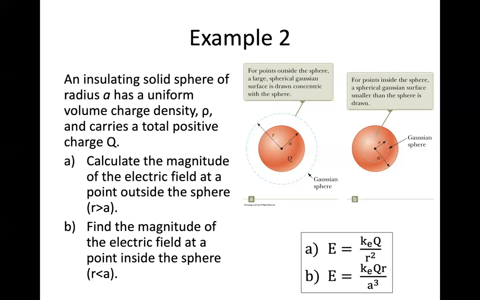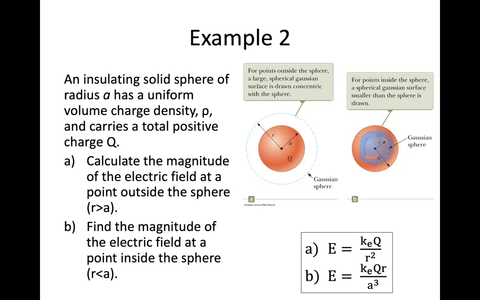So now we want to know, what is the magnitude of the electric field at a point inside the sphere? Okay, so we've got to place our Gaussian surface inside. We want to know what the E field is inside, so our Gaussian balloon has to be inside. And we want to know how much charge is inside of that. It's not the total charge.